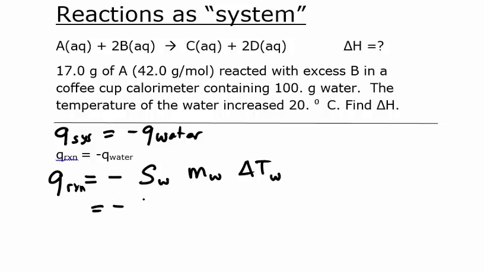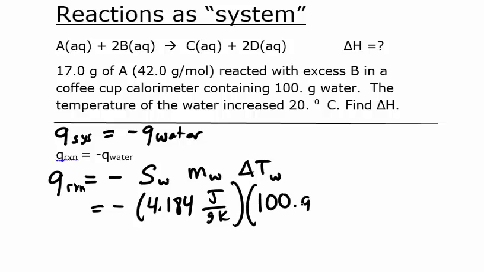We know that S for water is 4.184. That's a constant for water. The mass of the water here is 100 grams, just like last time. And the delta T, it's telling us the delta T. The water temperature increased 20. We don't even have to calculate delta T. It's given to us. So that's 20, and that's C or Kelvin. The delta T is the same.